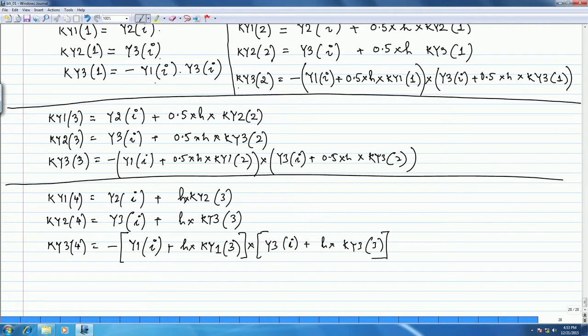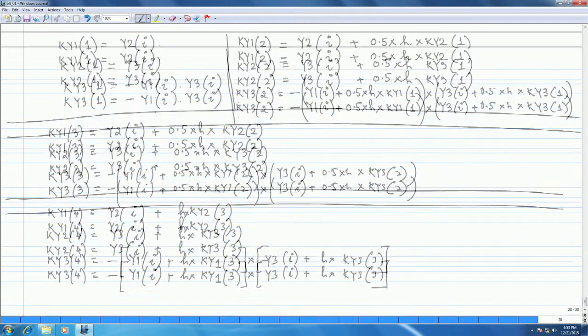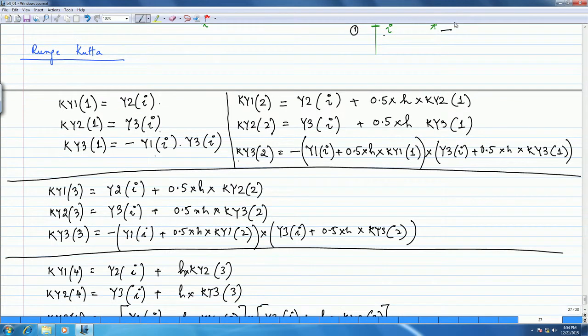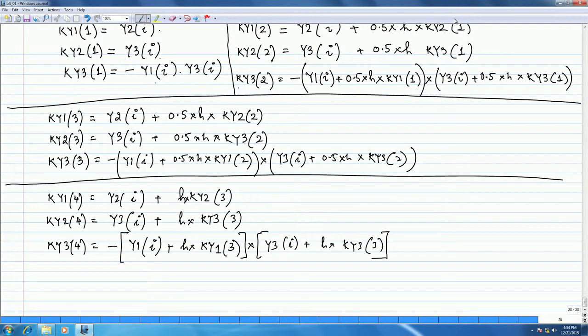So now the moment you find this, you've got some values here at I. How do you get the values at I plus 1, right? Now we've got some ky's, so then what do we do now?